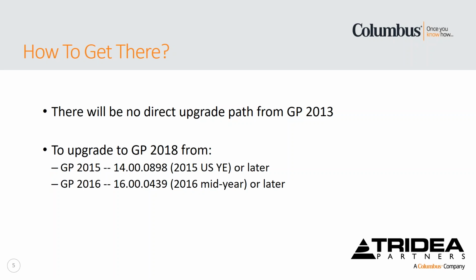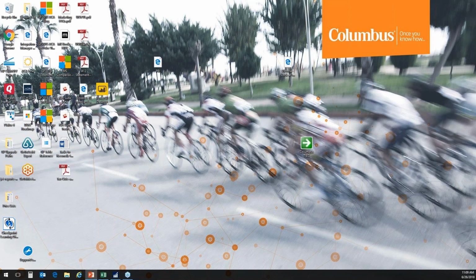It's just if you're on 2013 or older, you can't go direct. But again, that affects a lot of people, so it's not a problem to make those in-between jumps. No worries at all. Okay, so let me close out the slides and get rid of that.